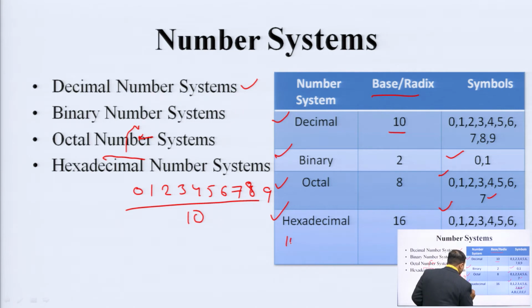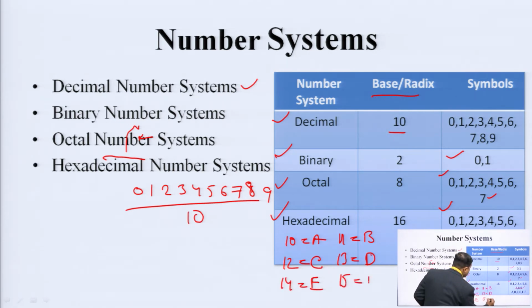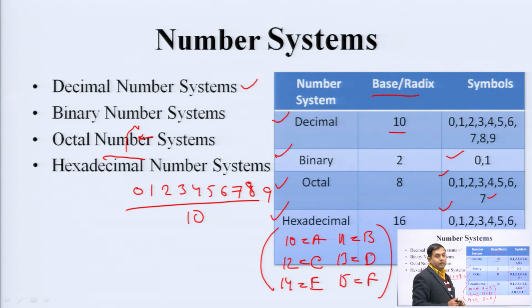So, 10 is represented as A, 11 as B, 12 as C, 13 as D, 14 as E and 15 as F. These 4 number systems are very important in digital electronics. The binary number system is basically used by machines, and octal and hexadecimal number systems are used for interfacing between the machine and human. Okay. Let us go to the next slide.